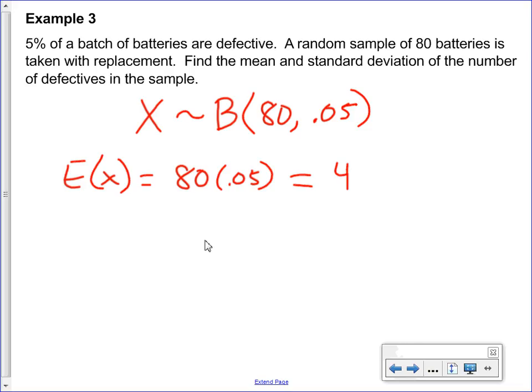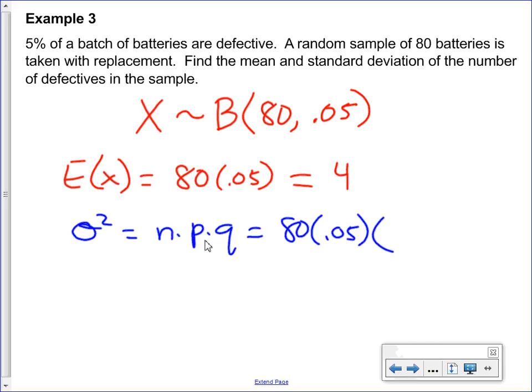To find the standard deviation, you have to find the variance first. So we know sigma squared is n times p times q. So 80 times 0.05 times 0.95.